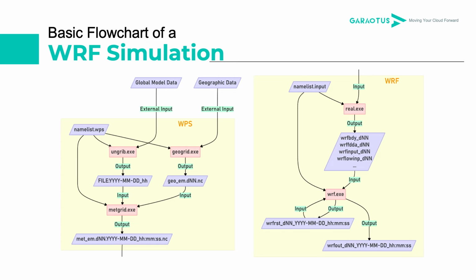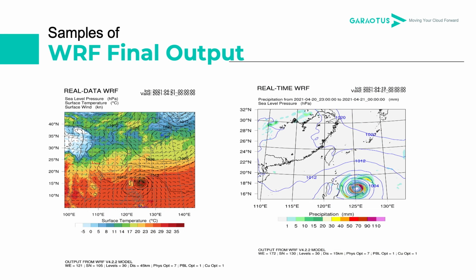Once the WRF out file is generated, it goes to the post-processing system, which presents your simulation result in the way that you want it to be displayed. Next, I will show you some examples of a WRF result.